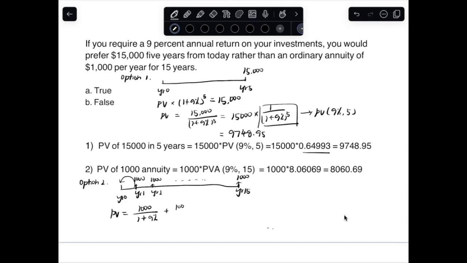Similarly, we use 1,000 divided by 1 plus 9% squared for year 2, etc., up to 1,000 divided by 1 plus 9% to the power of 15. So that's equal to 1,000 times the sum of this.